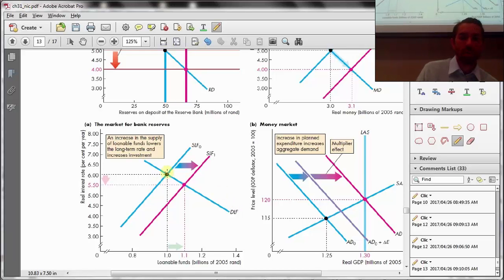So a lower interest rate leads to an increase in the quantity of loanable funds demanded, in other words an increase in the quantity of investment spending. The increase in investment spending due to a lower interest rate shifts the aggregate demand curve to the right. We then have a multiplier effect, which shifts the aggregate demand curve to the right even further.